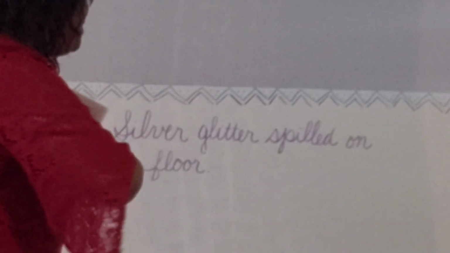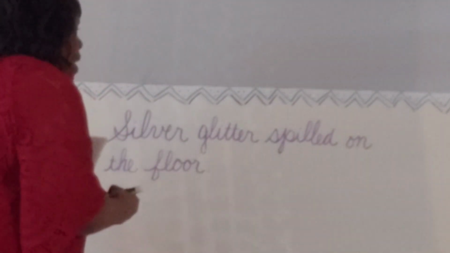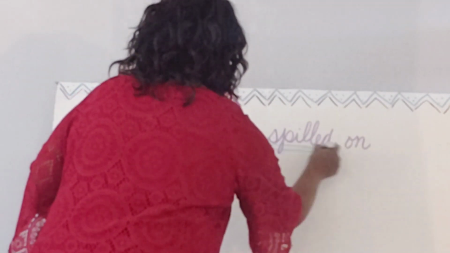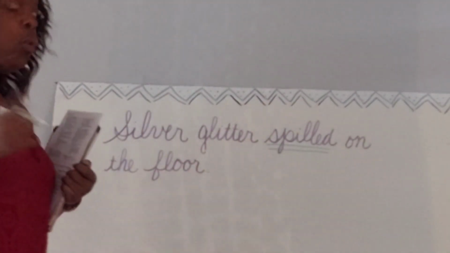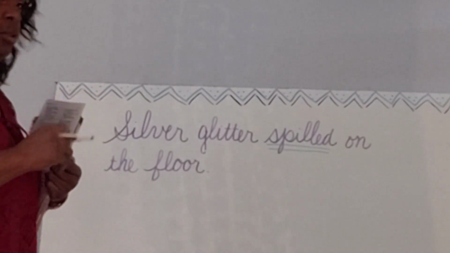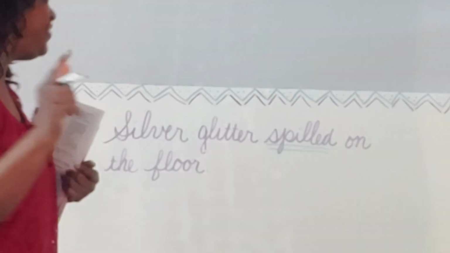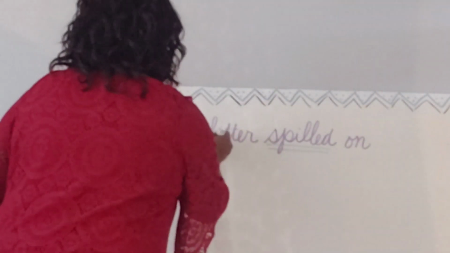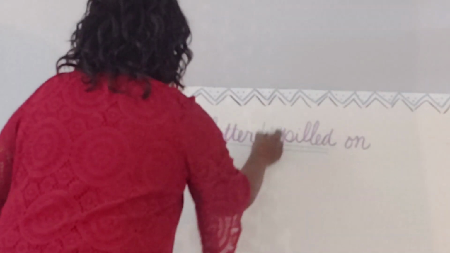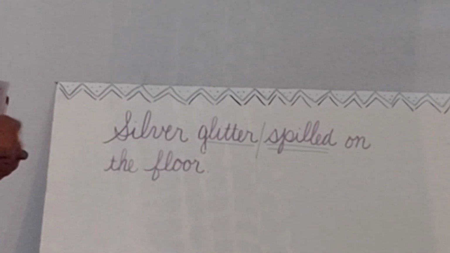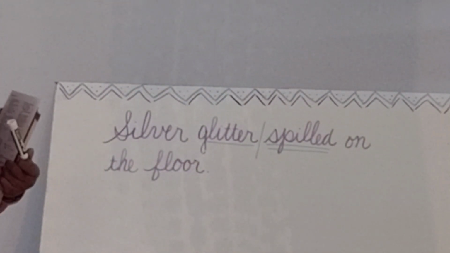Good, I heard you. Good job, Evan. The verb is spilled, okay? And then we ask who or what spilled? Jediah? Very good, glitter. Glitter spilled. And that's where we do our subject predicate divide between glitter and spilled.